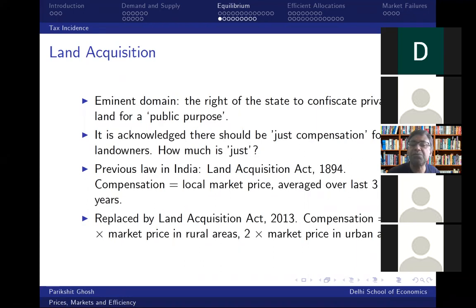So the states try to outbid each other in giving land at very cheap rates to big corporations, just to get their project in the state, and that can lead to a lot of rents going to the capitalists, the investors, instead of the general public. On top of that, of course, there are corruption possibilities because this is happening in the background. So I think it's a combination of all kinds of factors.